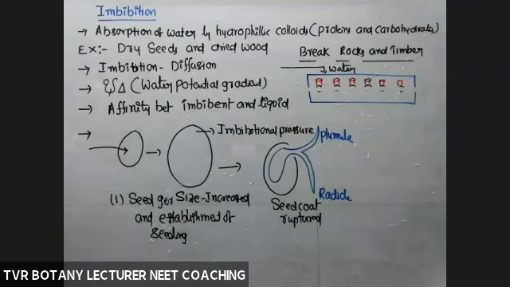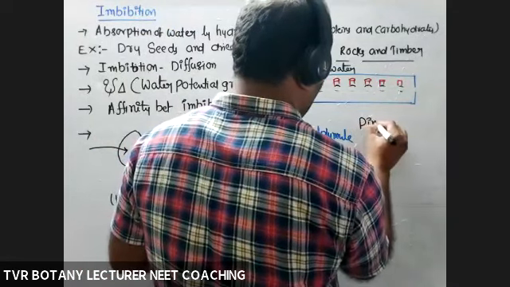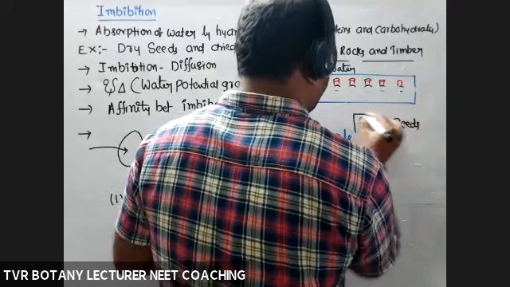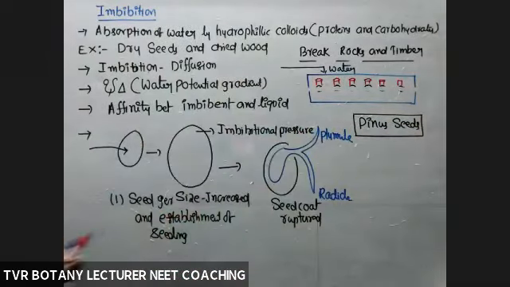It's very, very important. For example, in the case of pinus seeds, pinus seeds are able to germinate with the help of imbibition performed by mycorrhiza. We will see that under the heading transport in plants, particularly long distance transport.